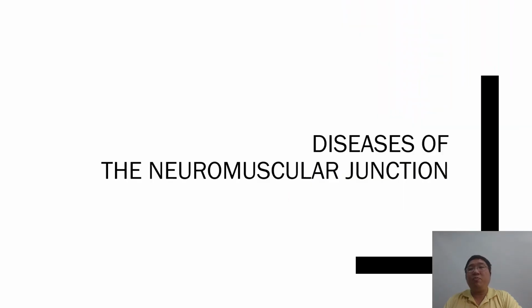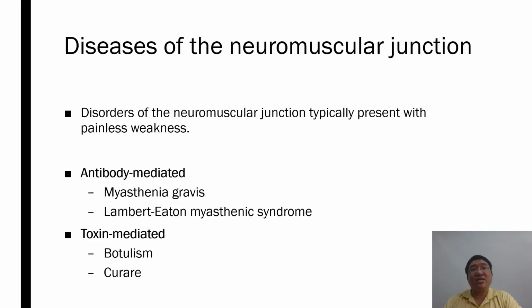The next group of diseases of the peripheral nervous system is the problem with the neuromuscular junction. This group of diseases is characterized by painless weakness.